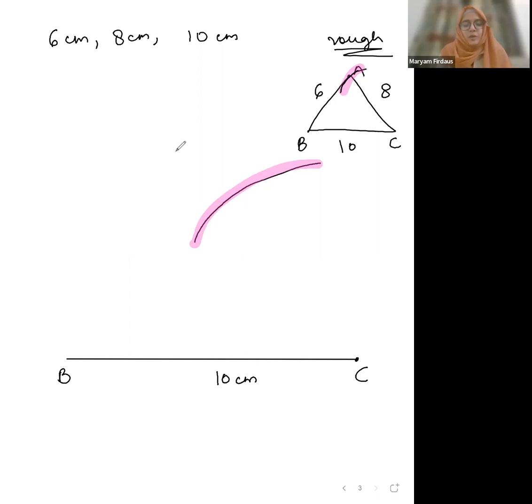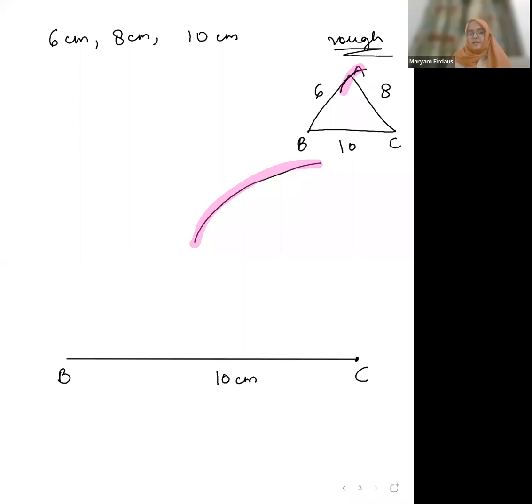If you just tell her we have to take this measure and draw an arc, she will ask you, Hiba, draw an arc where? Then you will tell her you have to keep your compass needle at B. So when you're giving instructions, be very clear. So with B as center, draw an arc of radius 6 centimeters.